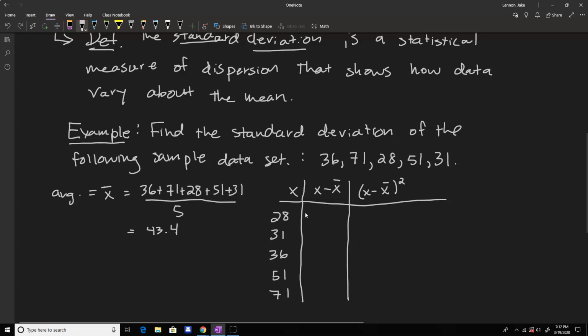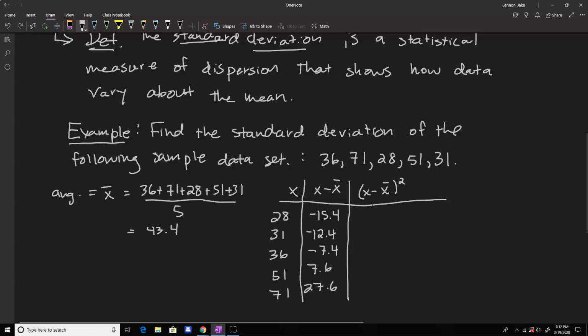So 28 minus 43.4 comes out to minus 15.4. 31 minus 43.4 is negative 12.4. 36 minus 43.4 is negative 7.4. 51 minus 43.4 is 7.6. And 71 minus 43.4 is 27.6.